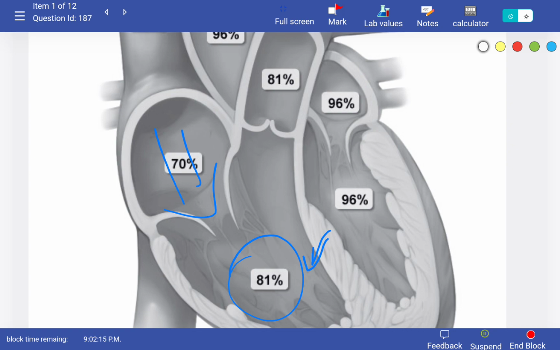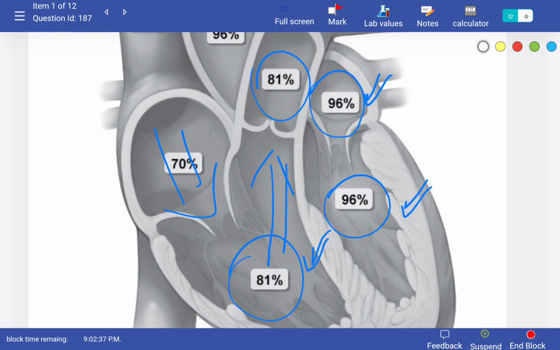And after that, when we go to the pulmonary artery, the pressure should remain the same, and it has remained the same. Then it goes to the lungs, and when it comes back to the left atria, the pressure in the left atria and left ventricle is the same.